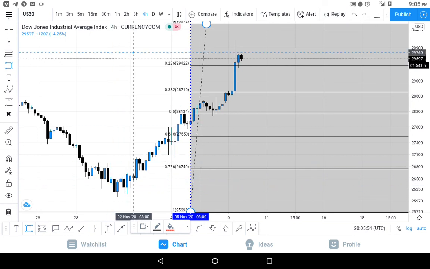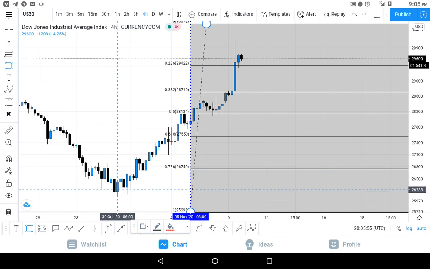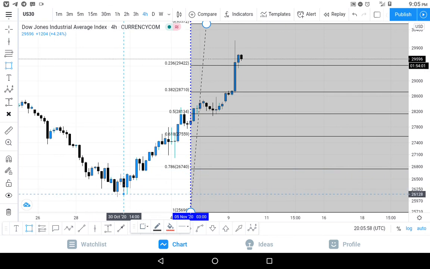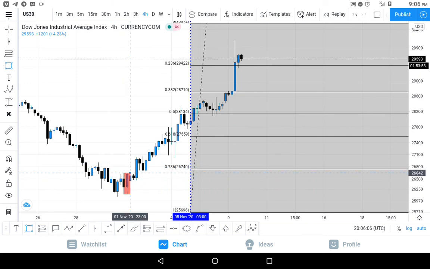If you know your candlesticks very well, you know that this is a consolidating market. It's a consolidating market.